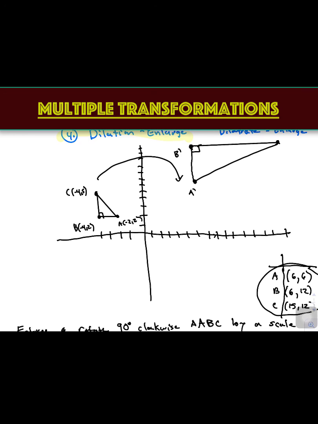So you can see our shape remained the same. It's still a right triangle. However, it was rotated and enlarged by 3 times the size.